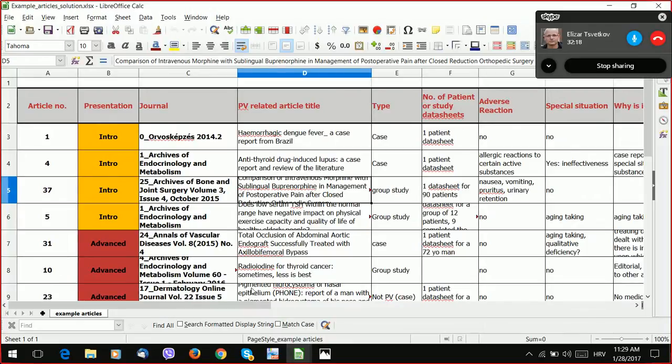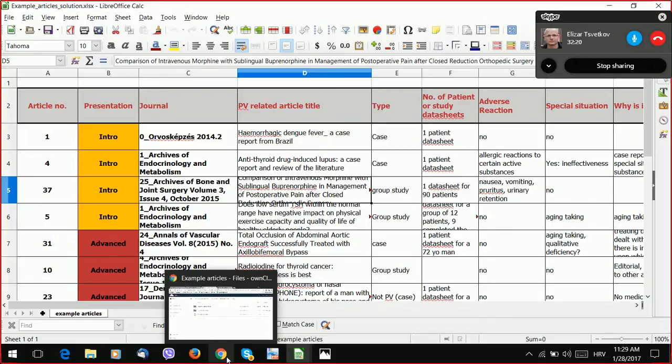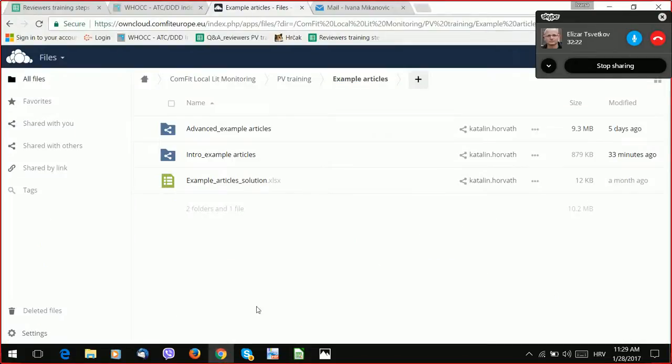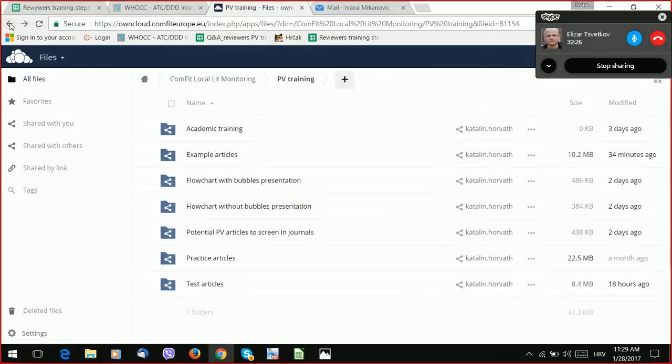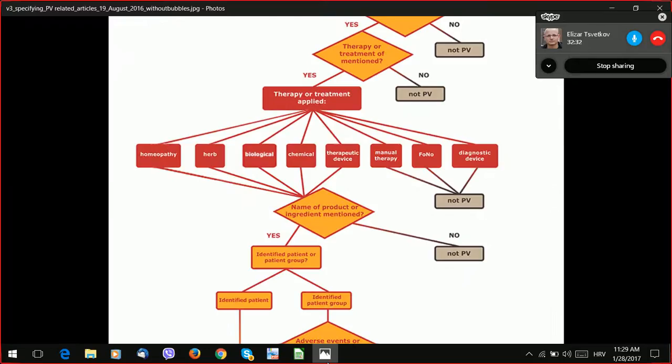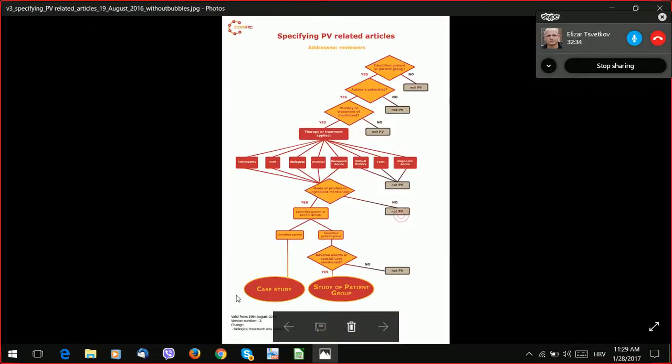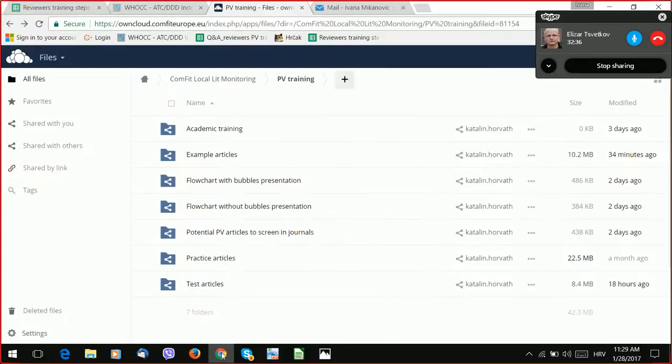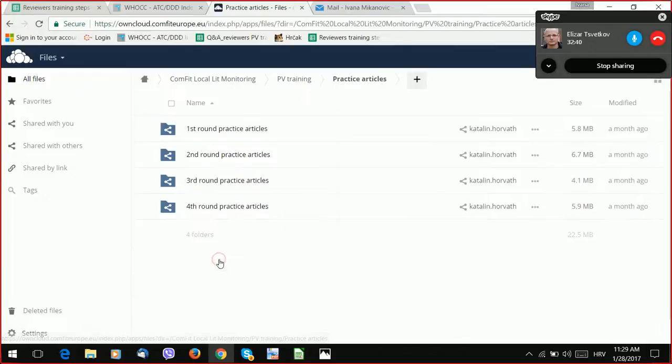What you need to do now at home is to go through 4 articles and analyze them following this flowchart. And you may find these articles in folder Practice Articles, First Round Practice Articles.